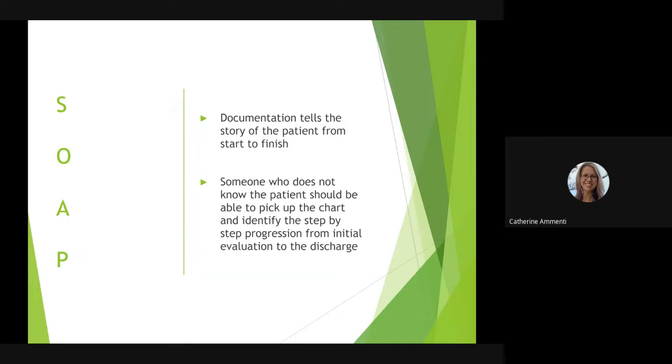So the primary PT will evaluate the patient based on a complaint that they have. Maybe the doctor has sent them to physical therapy with a prescription for physical therapy interventions. The PT is going to do an evaluation that will include taking measurements of certain body parts, range of motion, manual muscle testing, special tests.